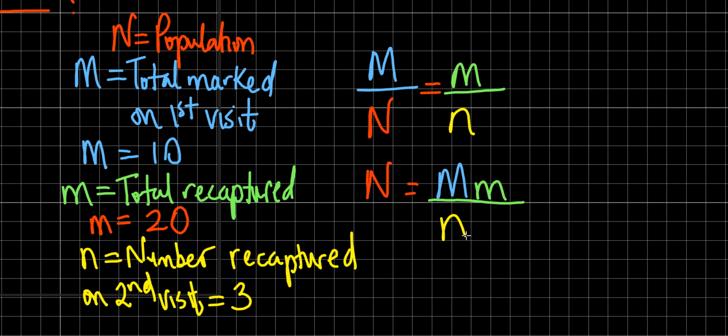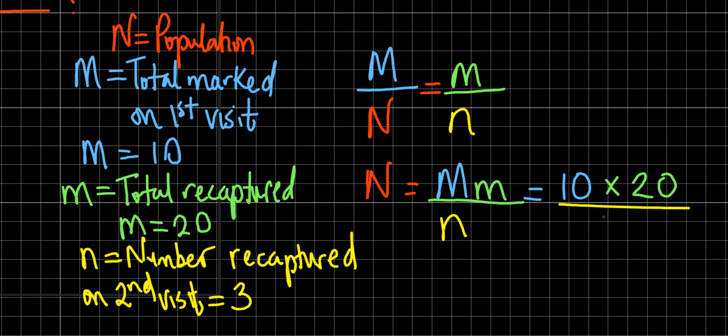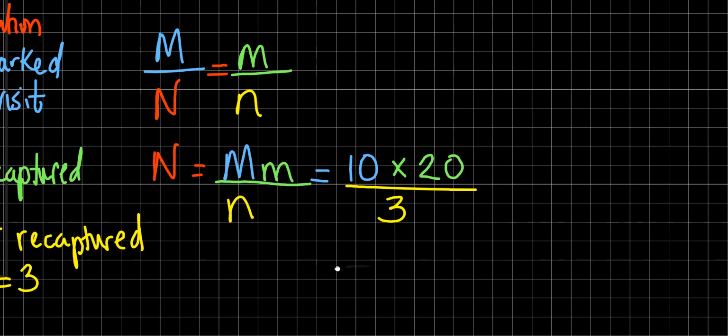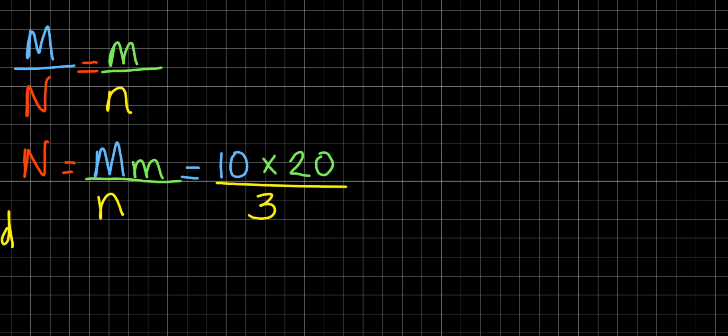So we would have 10 times 20, because n is 20 here. And then we're dividing that by 3. So that would give us 200 divided by 3.